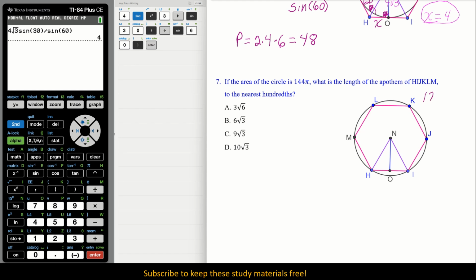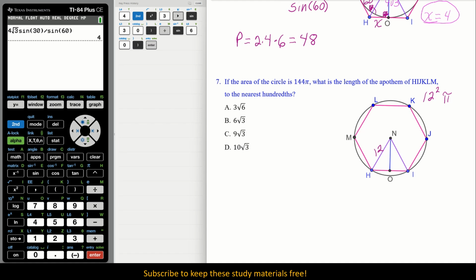We know that would be 12 squared pi. So that tells me my radius is 12. Okay. All right. Now we can apply special triangle rules again, and we will solve it the other way again.